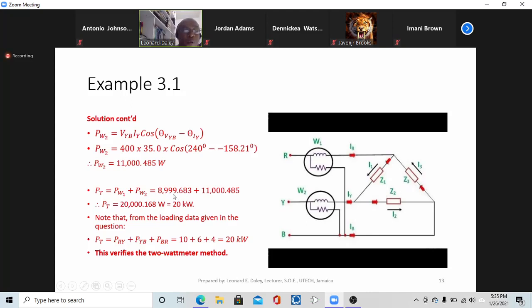So the 2 watt-meter method that we used a while ago verifies that what we actually have in the circuit is calculated correctly. All right. So we have shown that the 2 watt-meter method can work for an unbalanced delta connected load.